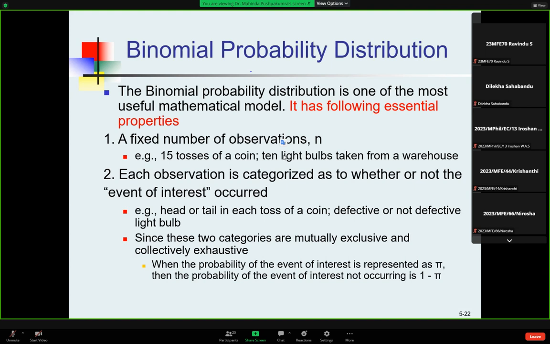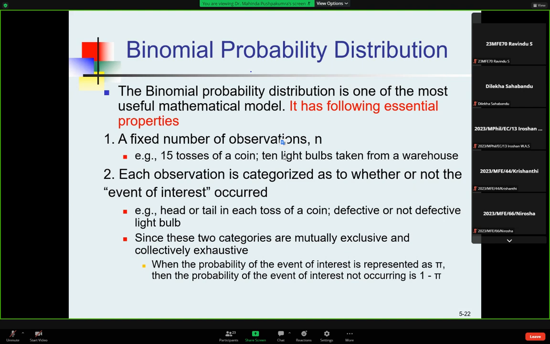Then another property is each observation is categorized as whether or not the event of interest occurs. That means now if you toss a coin, you can get head or tail.